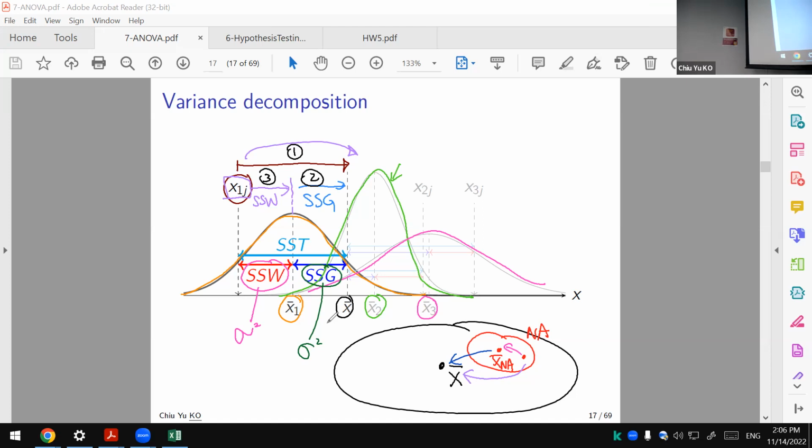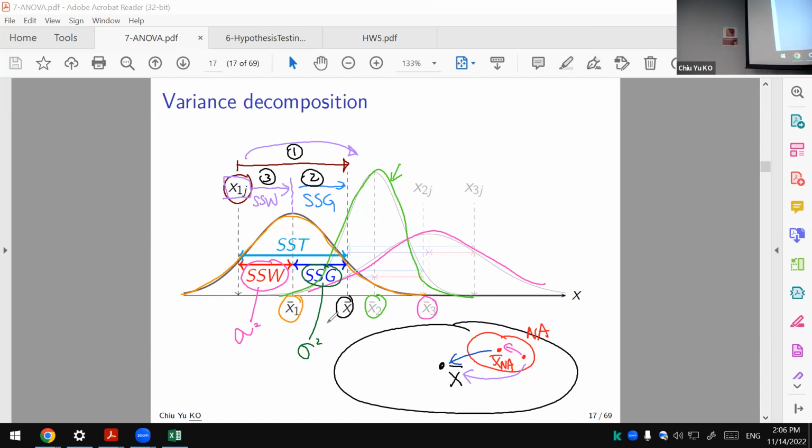The thing is, if mu1 equals mu2 equals mu3, these two ways of measuring sigma square should be the same, because there's no difference. If there's no difference between mu1, mu2 and mu3, they should both be measuring sigma square. If they are actually different, this SSG will be way bigger than SSW, because the difference between the group means will be much larger.